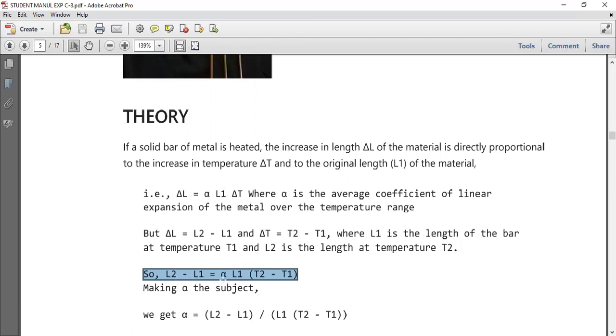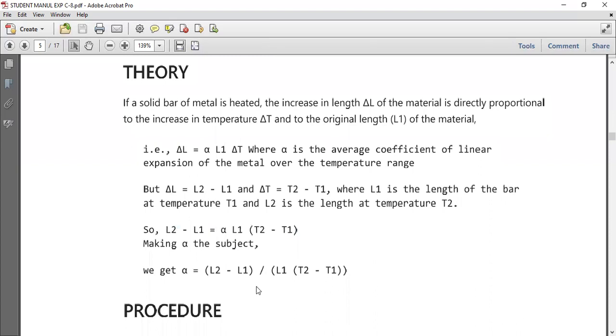L2 minus L1 is nothing but the coefficient of linear expansion times L1 into T2 minus T1. When we make alpha the subject of the formula, we see that alpha becomes L2 minus L1 divided by L1 times T2 minus T1. So this formula will be used to calculate the coefficient of linear expansion of these metal rods.